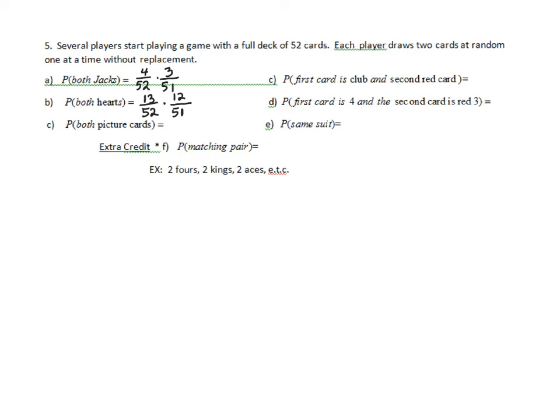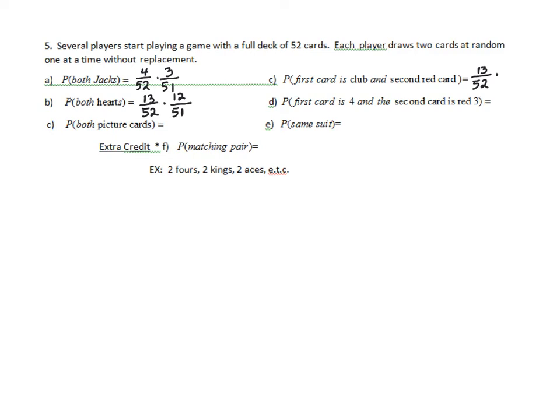Now, the probability that the first card is a club and the second is a red card. Now that one's interesting because the club is a suit, so there are 13 of them. So that's 13 out of 52. And then the second is a red card. So let's think about that carefully. Can a club be a red card?